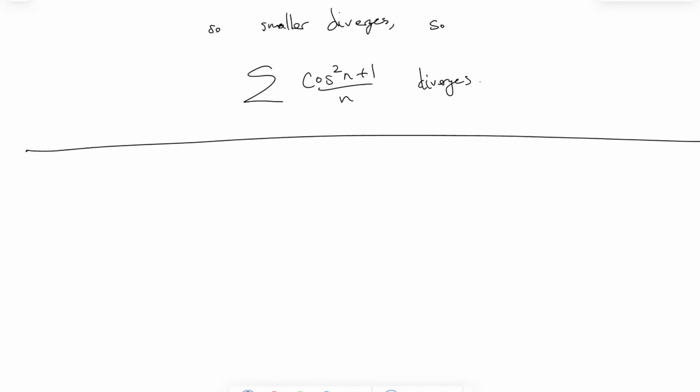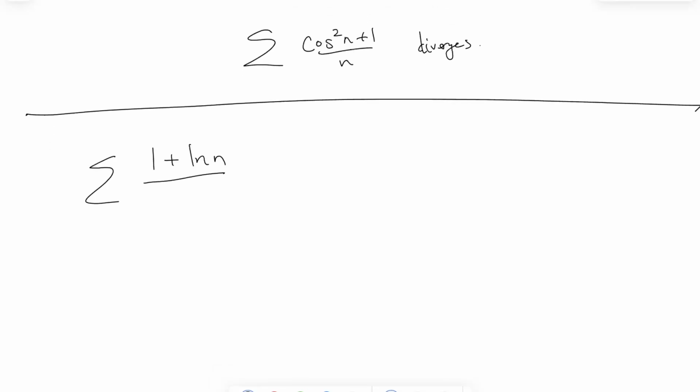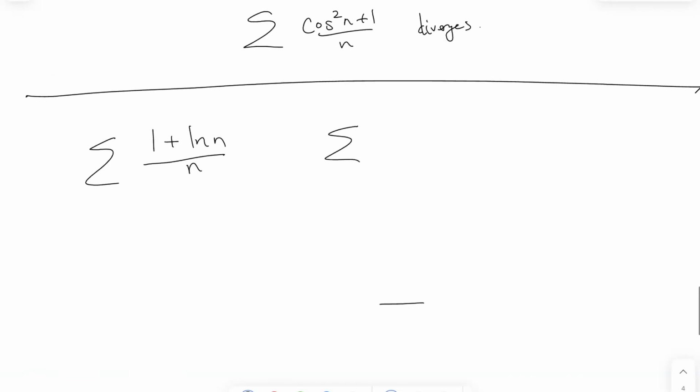All right, I got some for you all to try. You will have to look at it and decide for yourself what you want to compare it with. And as an extra bonus, one of these is not possible to do using the comparison test. So say that for one of them. The other two you can do. See what you think.